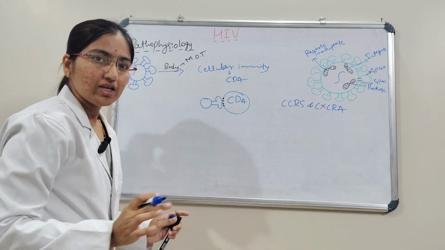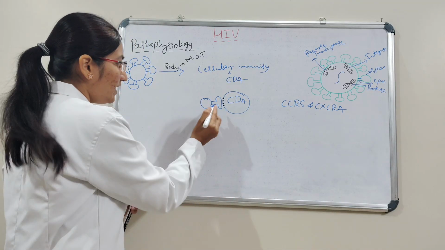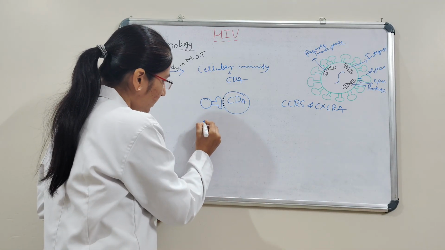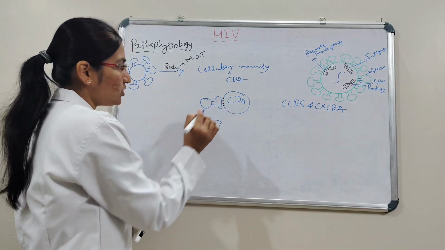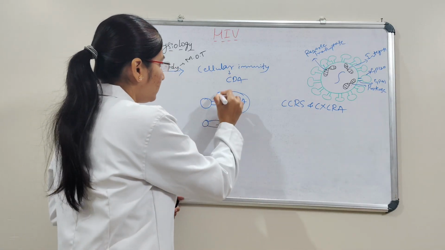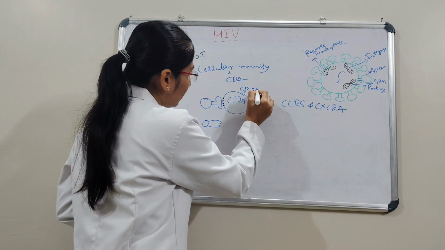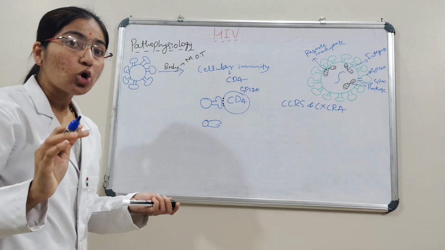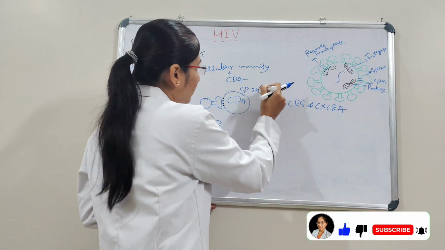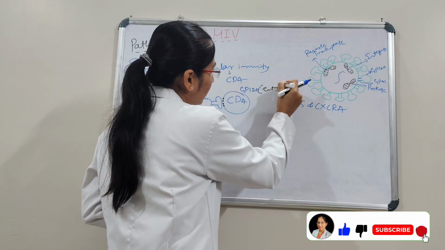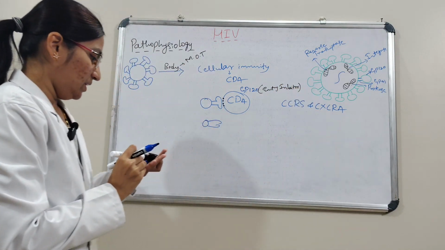Thus, what happens there? There will be the damage of GP120. How does it become? It becomes like this. Damage takes place. Here it is GP120, and this is also called the entry inhibitor.